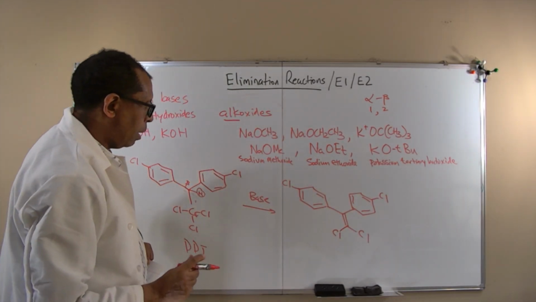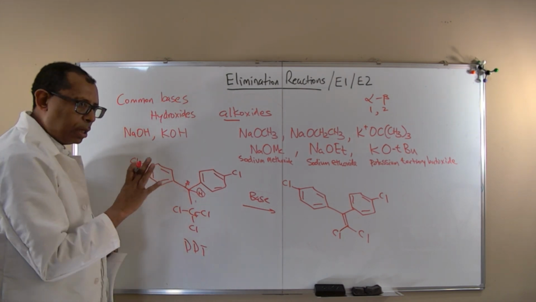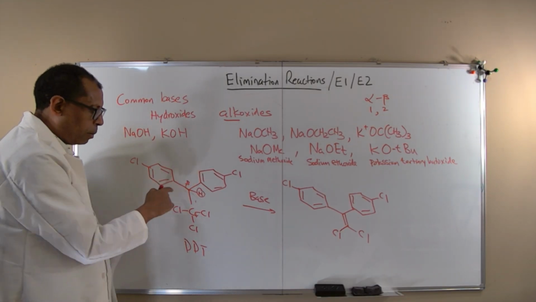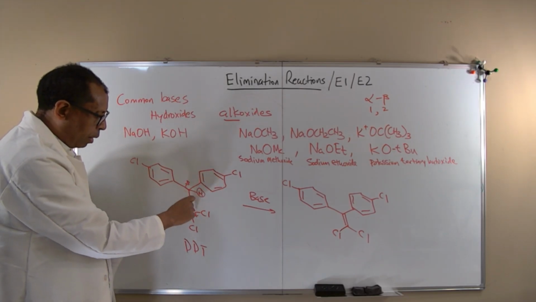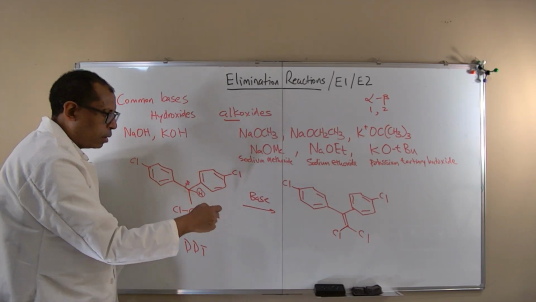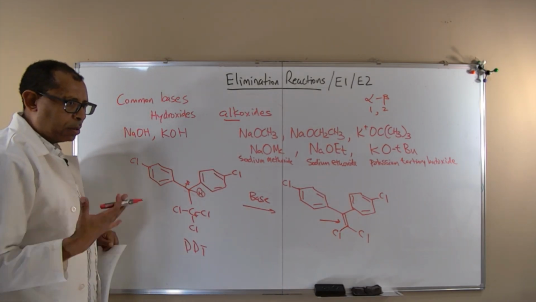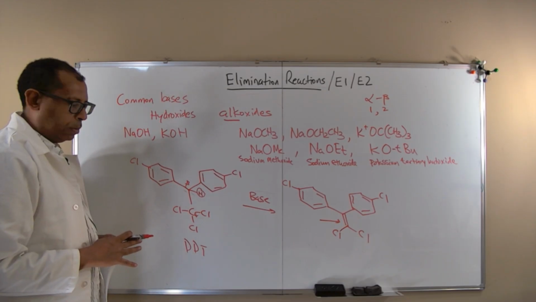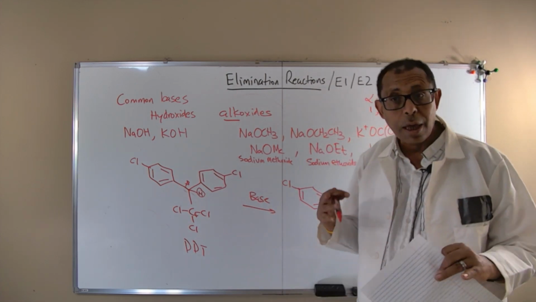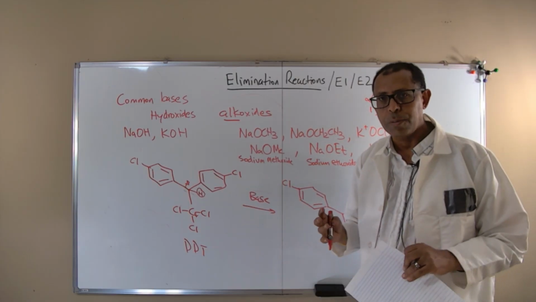So this is an example where you have one sp3 hybridized carbon containing only one hydrogen as a beta hydrogen, because it's on a beta carbon, and the elimination reaction happens along this bond, and you're going to form that double bond right there. No other beta hydrogens are present in this compound. So there are cases where you would have only one hydrogen to eliminate, but in some cases you could have 2 or 3 beta hydrogens that are possible to eliminate.